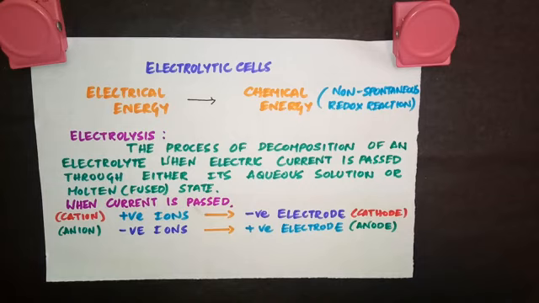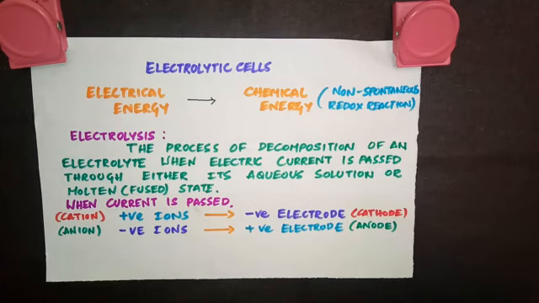The electrolyte should be in aqueous solution or in molten state, because in an electrolytic solution, who is responsible for the conduction of current? Ions. So the movement of ions is very much needed for the conduction of current. That is possible only in aqueous solution or in molten state of the electrolyte, because in solid state the ions stay intact.